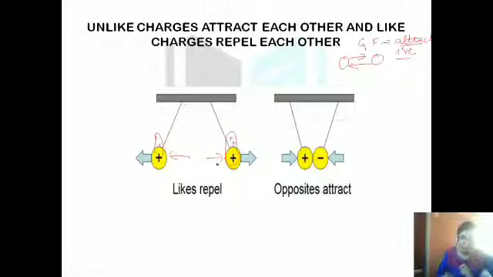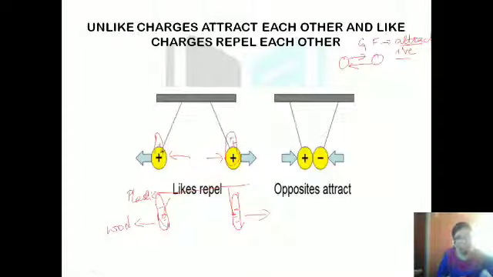Likewise, a second experiment was done with a plastic rod. This plastic rod was rubbed with a woolen cloth, and it acquired negative charge. When two of them were brought together, tied with threads free to move, it was seen that the two plastic rods moved away from each other, same as before.